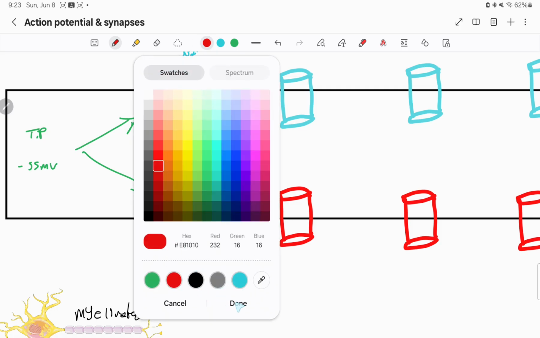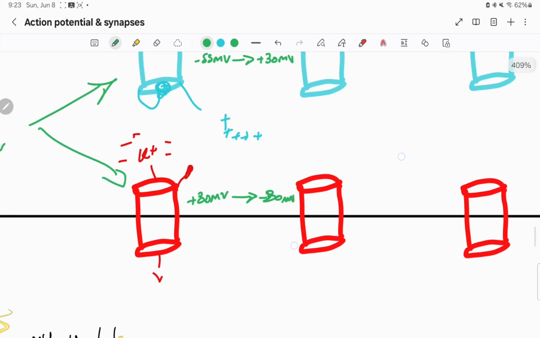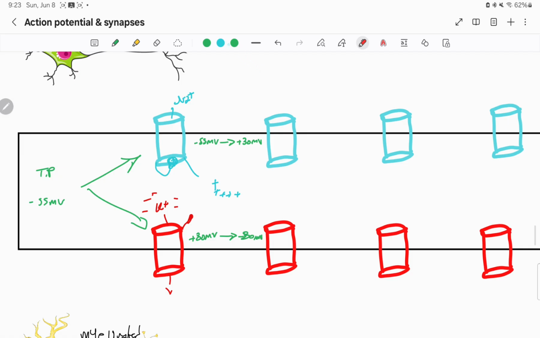So the voltage goes from positive 30 millivolts all the way to negative 80 millivolts. This entire portion at the axon hillock underwent one action potential.